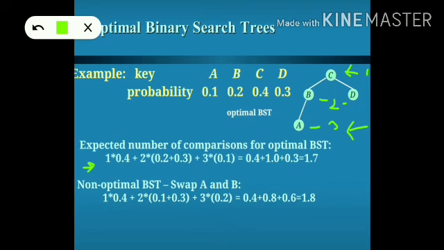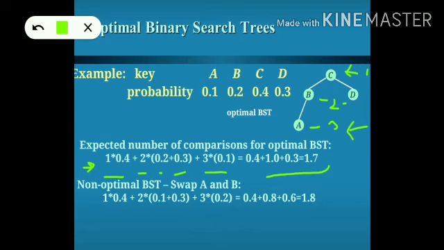C is at level 1, times the probability of finding C, which is 0.4, plus level 2, wherein we have 2 keys, so 2 times the probability of B, which is 0.2, plus the probability of D, which is 0.3, added with level 3 and the probability of finding A, which is 0.1. So the total number of comparisons is obtained as 1.7.